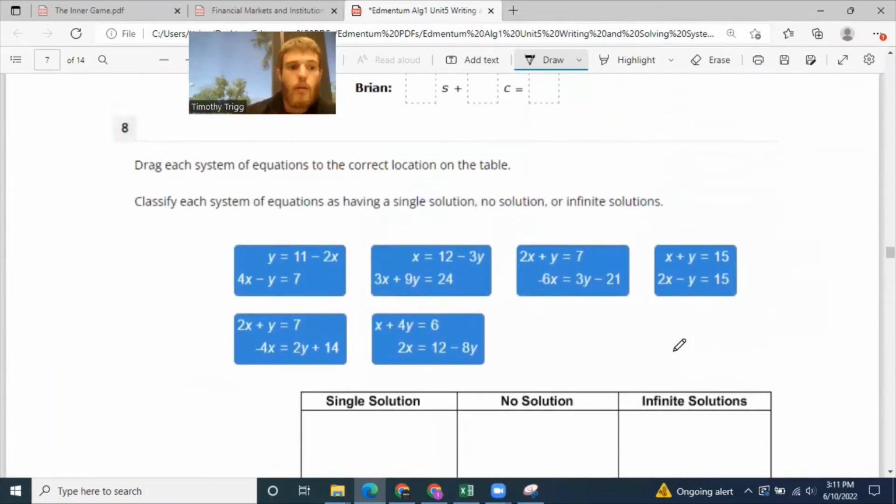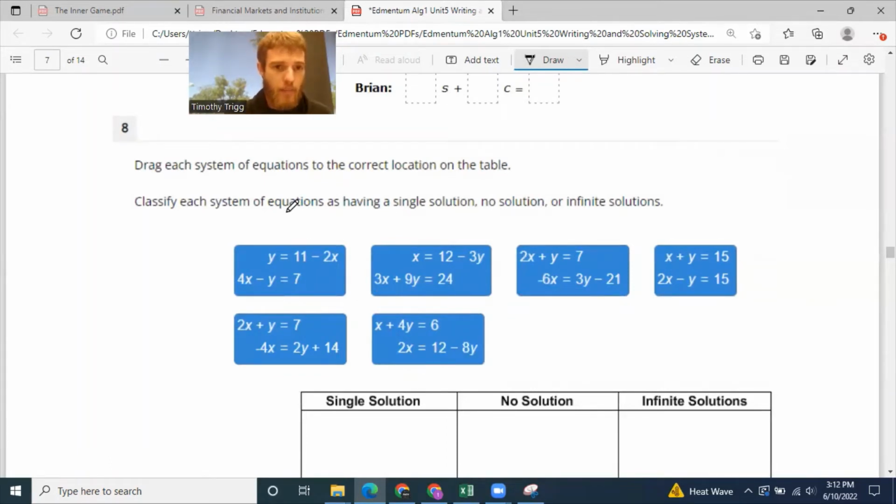Okay. Classify each system of equations as having a single solution, no solution, or infinite solutions. Wow. They really made this one a pain because you may notice that, first of all, there are 6 systems here to work with, and you have to do all of them. The second thing is that they didn't line everything up.